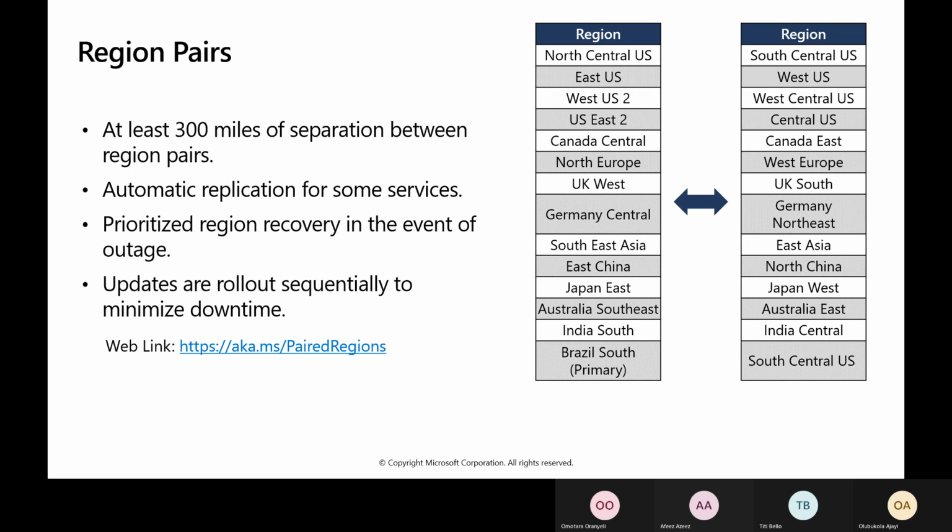So what Microsoft did is pick a region and pair it with another region. What it means is services running in one region will also be running in another region.